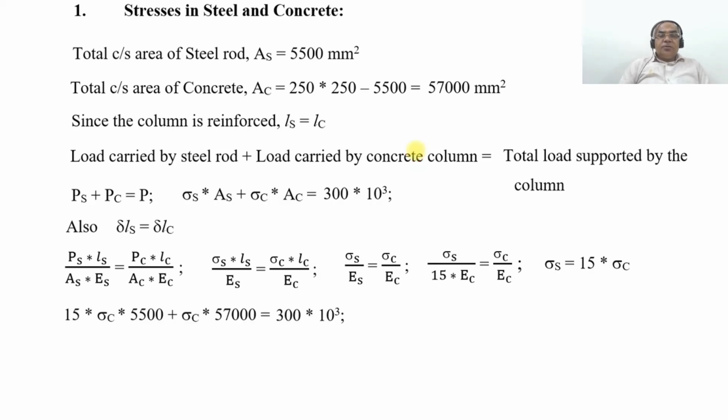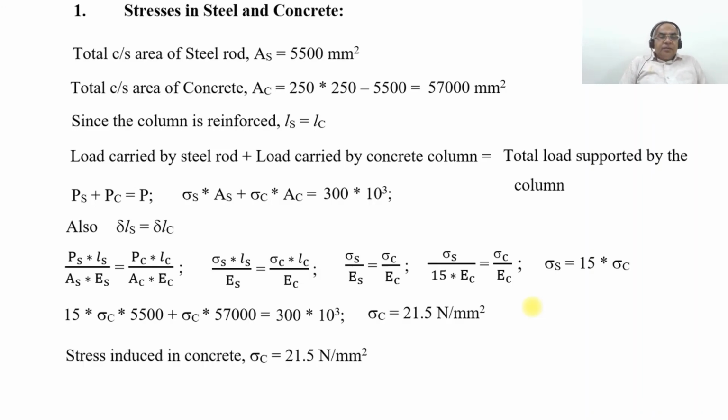Now you substitute 15 times sigma C in this equation: 15 times sigma C into the area of steel, 5,500, plus sigma C into 57,000 is equal to 300 into 10 to the power of 3. On simplification, you are going to get sigma C as 21.5 Newton per mm square.